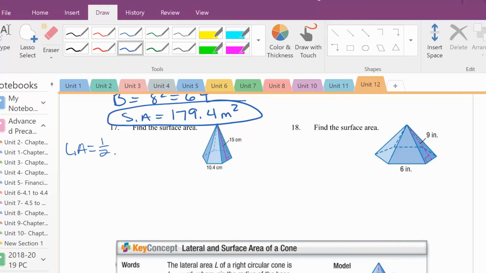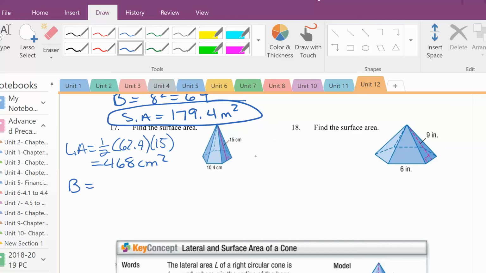Well, 6 times 10.4 gives you 62.4, times the slant height, which is 15. So 62.4 times 15 divided by 2 gives you 468 centimeters squared. Now you have to find the area of the base.